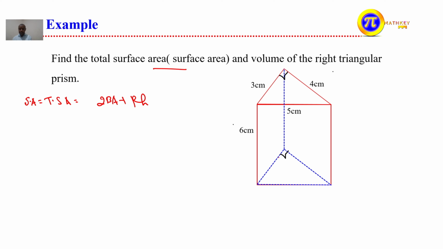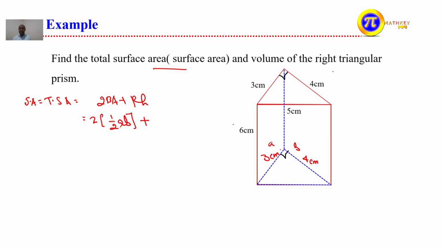In our case, this is 3 centimeter, and this one is 4 centimeter. We are familiar that to find the area of a right angle triangle, if this one is a and this one is b, the base area is equal to twice 1 over 2 a times b, plus the perimeter.